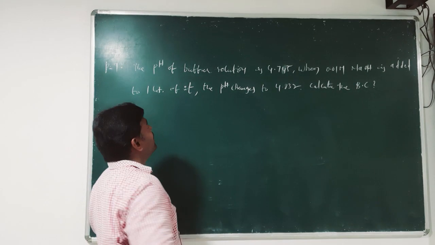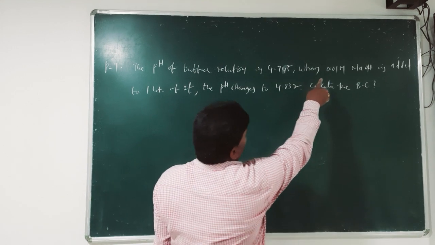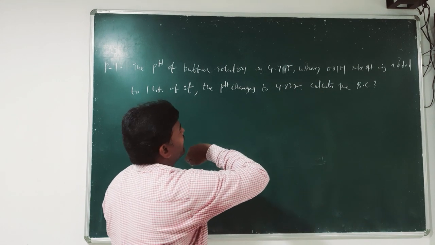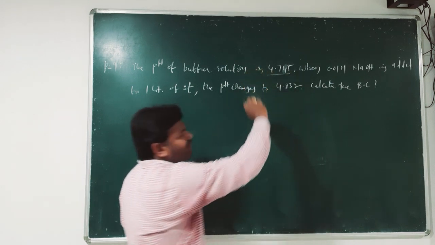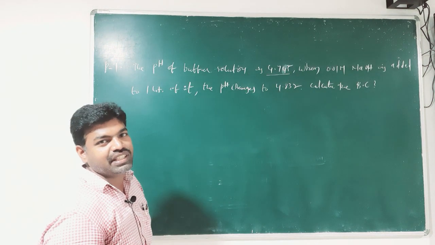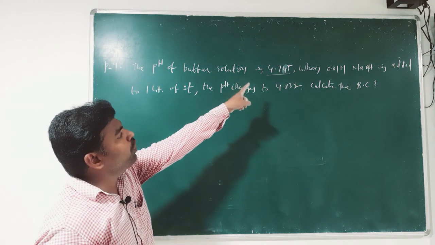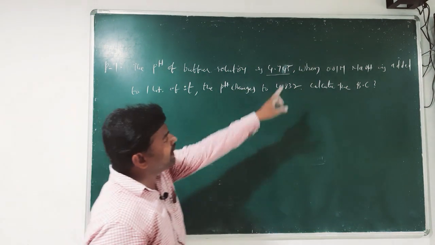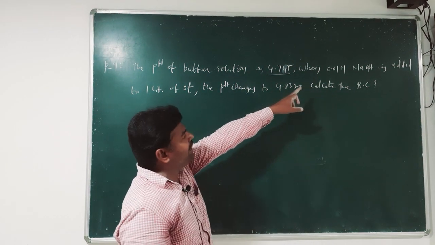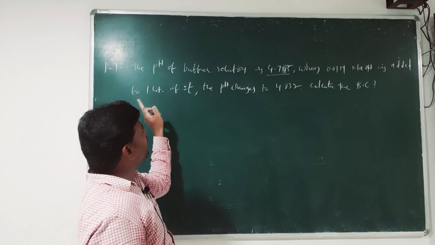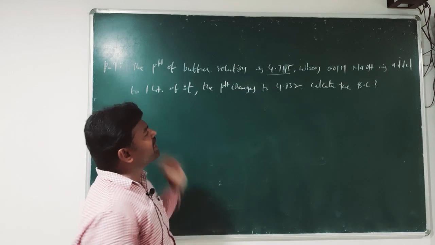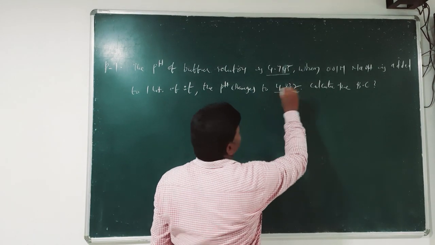Here, the initial pH of the buffer solution is 4.745, but when they add 0.01 molar NaOH to 1 liter of that buffer solution, the pH changes to 4.832.